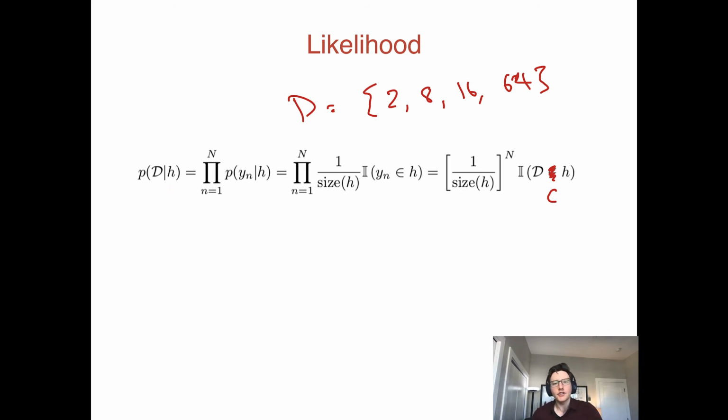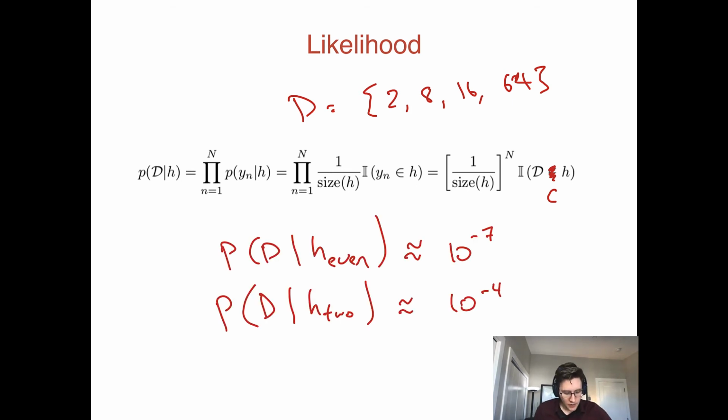So we could imagine one strategy for concept learning being, okay, think of all of the concepts that you can imagine and ask which one gives you the highest likelihood. And that would work here. It would tell you that the powers of 2 are a better concept for these numbers than the even numbers.